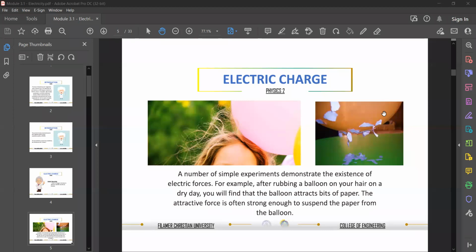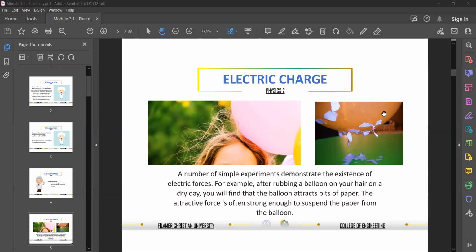So a number of simple experiments, I think you did these during your elementary or high school days, demonstrate the existence of electric forces. For example, after rubbing a balloon on your hair on a dry day, you will find that the balloon attracts bits of paper. Same goes with the comb.